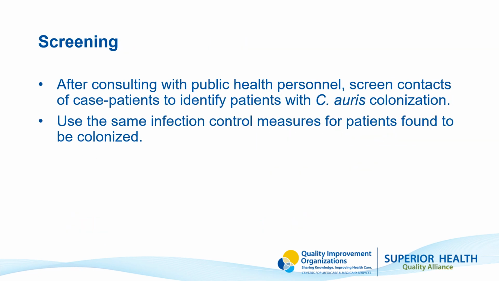You should consult your public health department for recommendations on which patients or residents in your healthcare setting should be screened for C. auris. Health departments and healthcare facilities will consider several factors when deciding which patients to screen who have had contact with a patient with C. auris infection or colonization. This is referred to as the index patient.